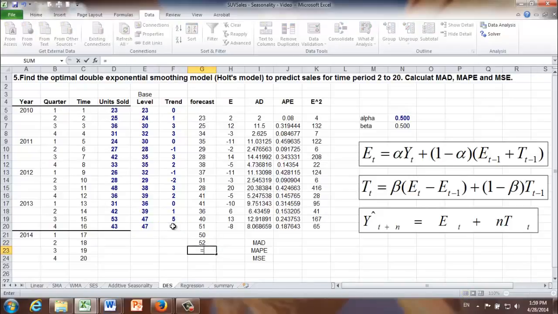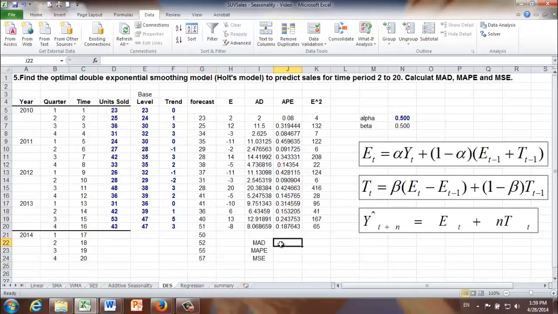Similarly, the forecast for time period 19 will be equal to E16 plus 3 time periods into the future times T16. Last but not least, the prediction for time period 20 will be equal to E16 plus 4 time periods into the future times T16. And this is how we use the double exponential smoothing model to make predictions.